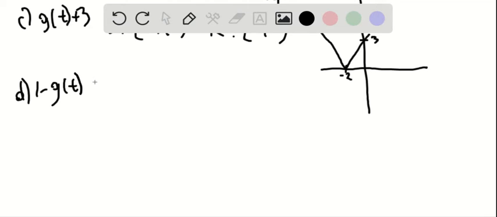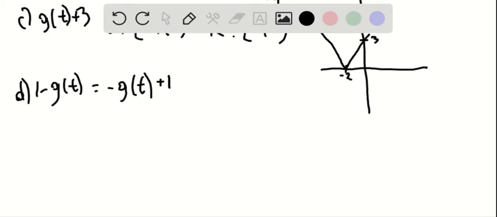That's the same thing as negative g of t plus 1. Then we see that we actually had that plus 1 outside the function. That's a shift up by 1 unit, but the negative outside also affects the range. That's going to be a reflection about the t-axis.